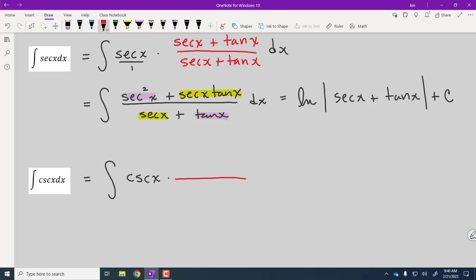And here's where you could do it in one of two ways. You could just multiply. What's it called? The upside down is coming after us. So you could multiply it by cosecant plus cotangent, or you could multiply it by minus cosecant minus cotangent. It's not going to really matter.